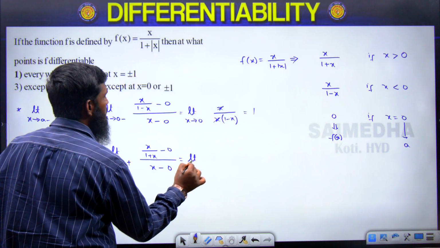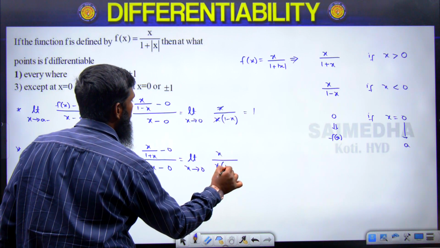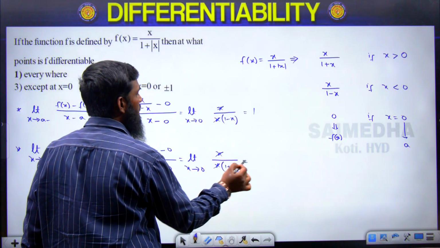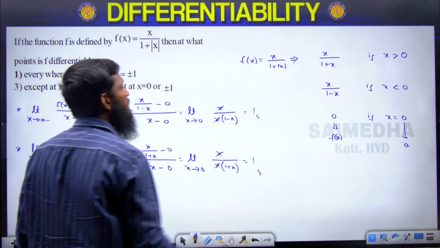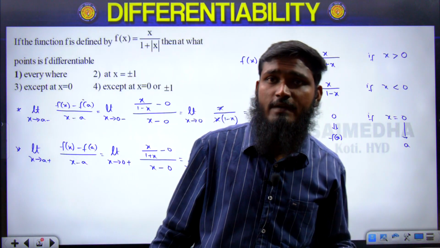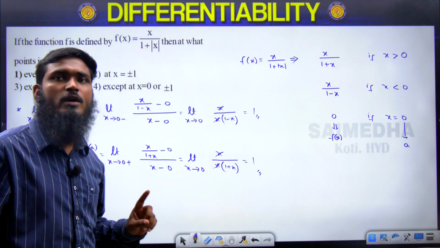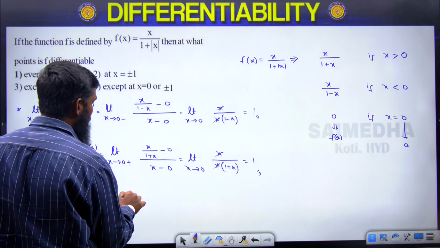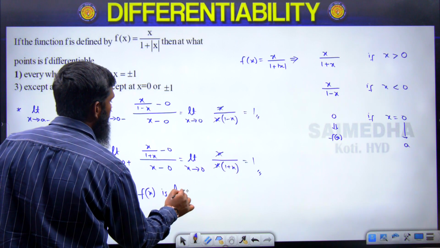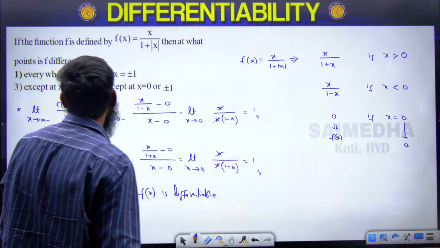Which equals limit x tends to 0 of x divided by x of 1 plus x. This part gets cancelled, and x value 0 gives 1 by 1, which is equal to 1. So both values are the same: the limit as x tends to a minus and the limit as x tends to a plus are equal. If both are equal, we can say the answer: f of x is differentiable.